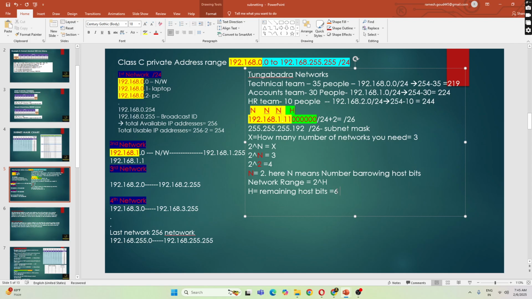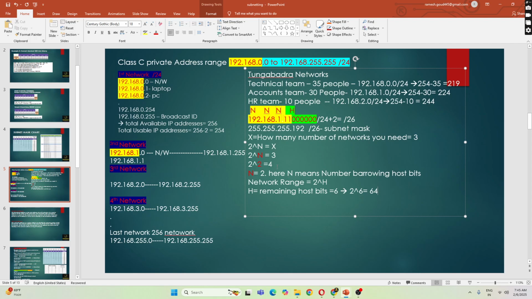Remaining 6. It means 2 to the power of 6. What is the value here? 64. This is the network range.